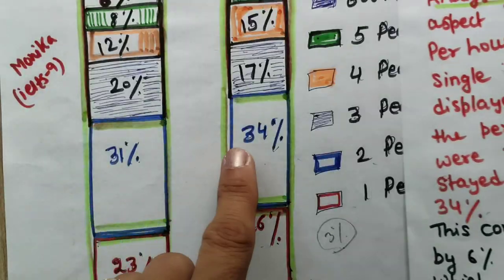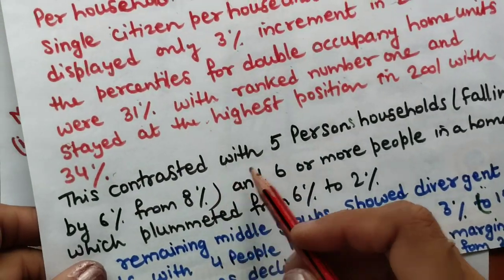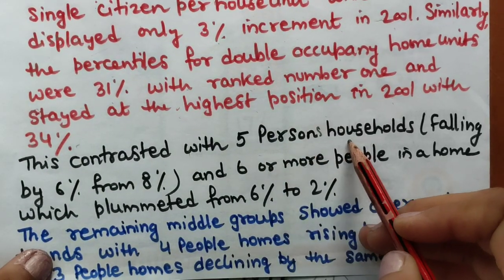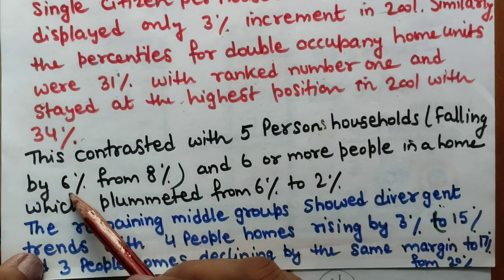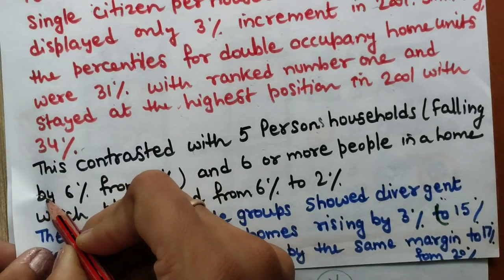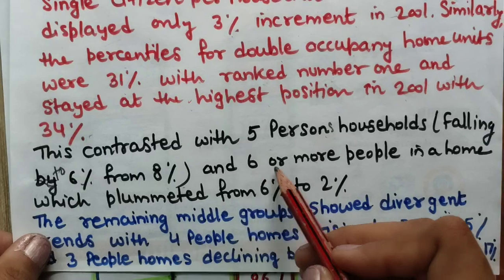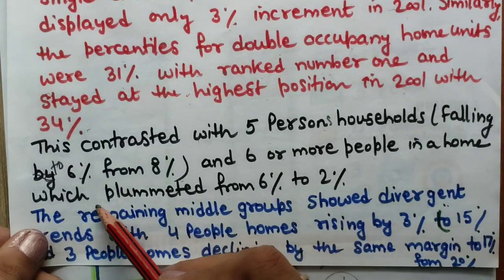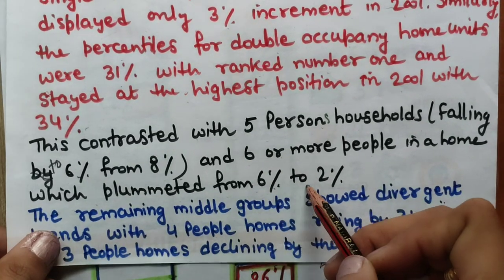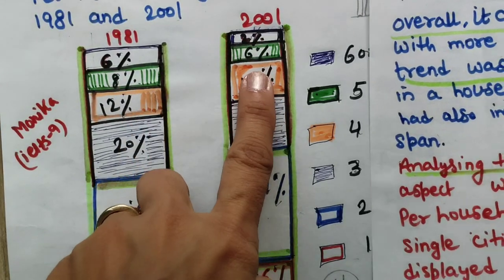Now I will be talking about the 5 and 6 categories. See this, the contrasted with 5 person households falling by 6% from 8%, and 6 or more people in a home, which plummeted from 6% to 2%. See this, 6% to 2%, 8 to 6%.